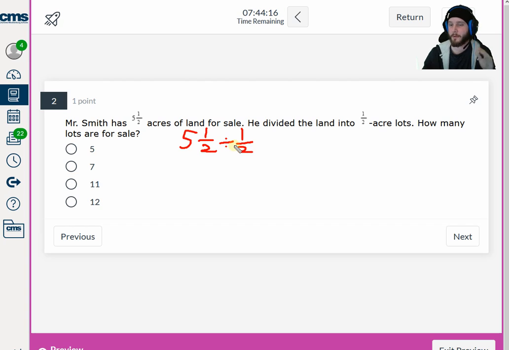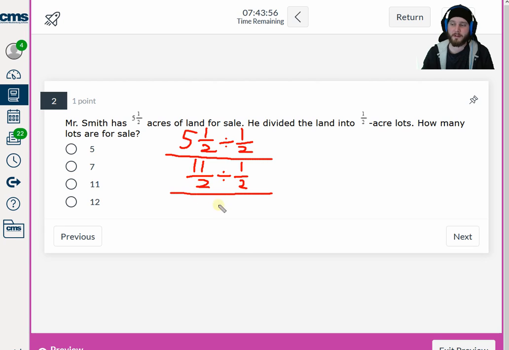So step 1, we write it out. Step 2, change to improper fraction. So 5 times 2, that's 10, plus 1 gives me 11. Divided by 1/2. I forgot to put the denominator back here. There we go. So we've got step 1 up there, step 2 down here.